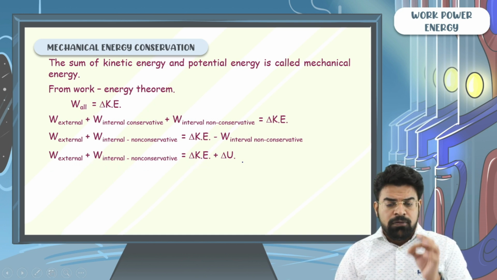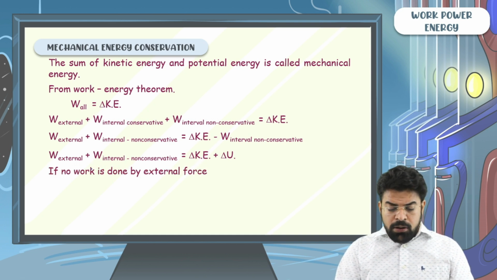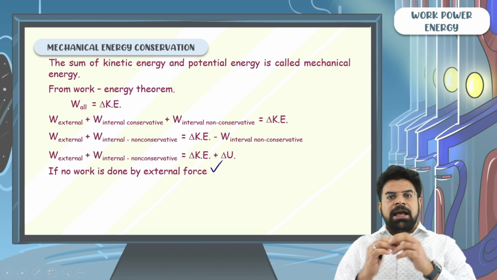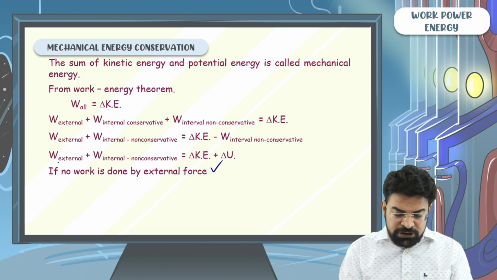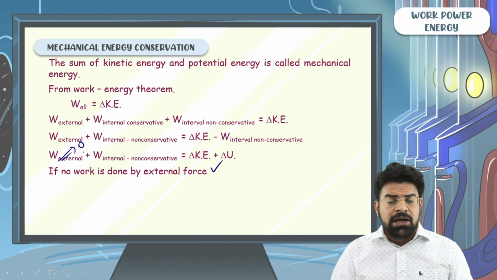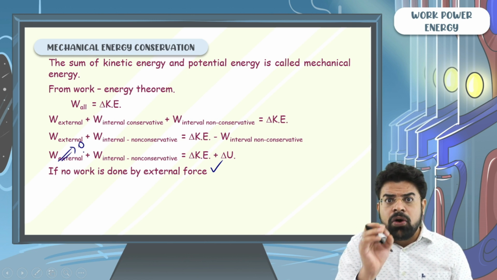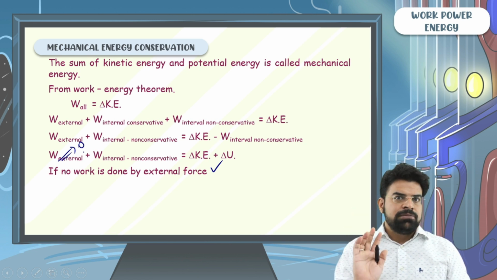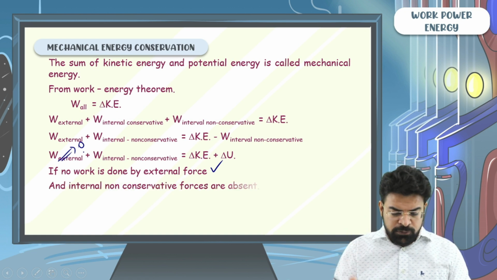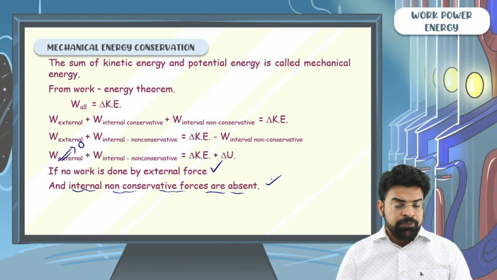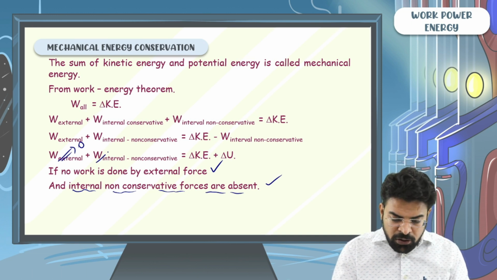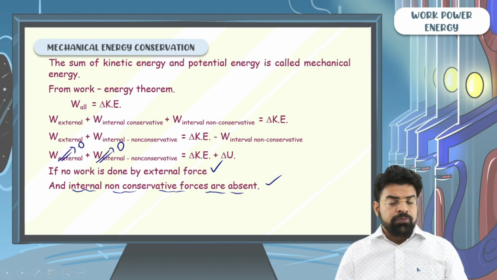Now think of one case. What if no work is being done by external forces? Then the first term will become 0. As well, if internal non-conservative forces are absent, there is no viscous force, no friction force, then the work done by internal non-conservative forces will also be 0.